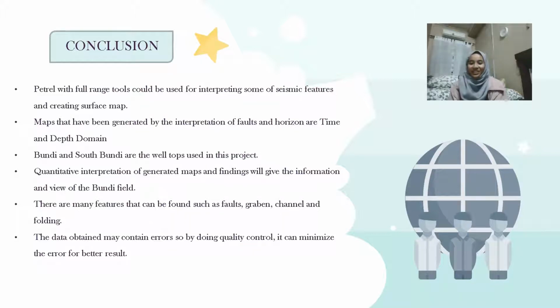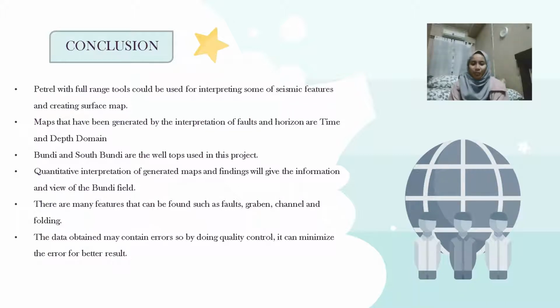So for the conclusion, we can conclude that Petrel with a full range of tools could be used for interpreting some of the seismic features, such as possible faults, grabens, channels, or even folding on the outcrops. And also, Petrel can be used to create surface maps.